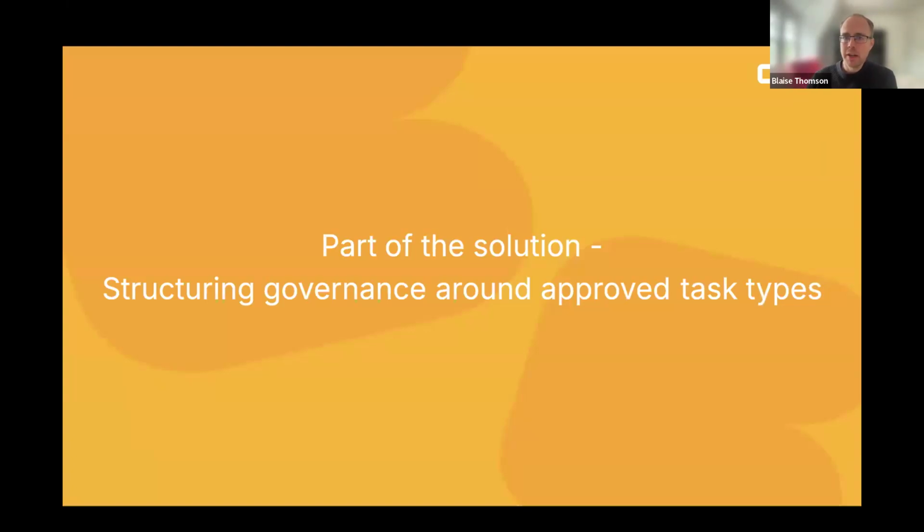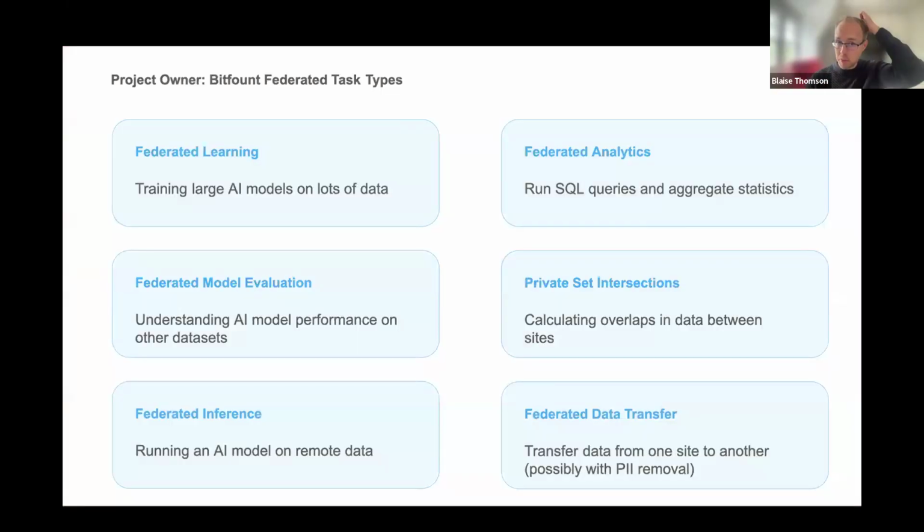Okay, so how do we solve all of this? What we've been doing for a while now in Bitfount is structuring a lot of the solution around essentially approved task types. And we have a declarative way of defining tasks. So we have 6 main tasks that we have built into our platform, and they do the main use cases that we've seen to be interesting.